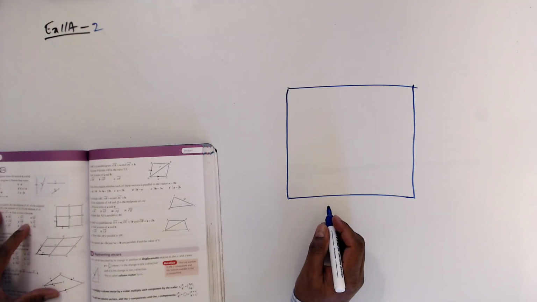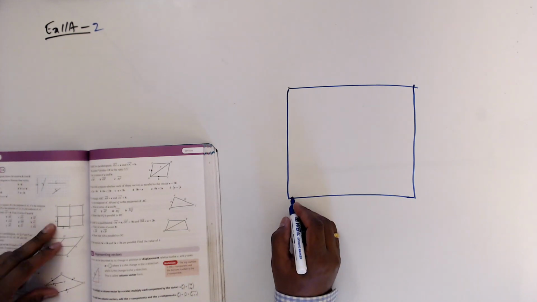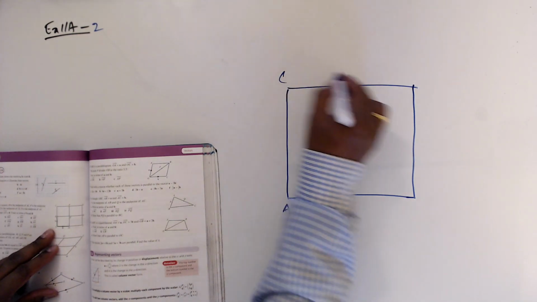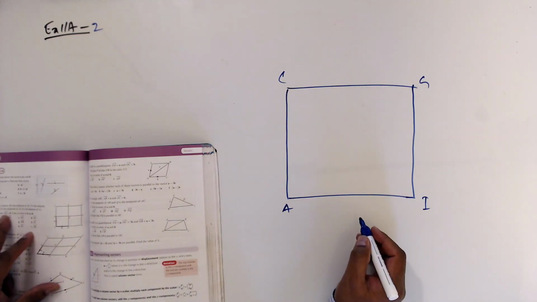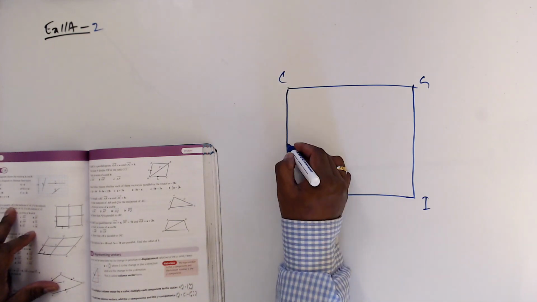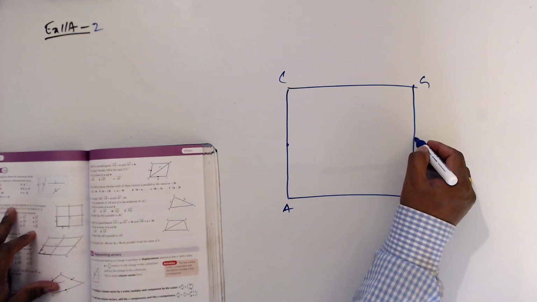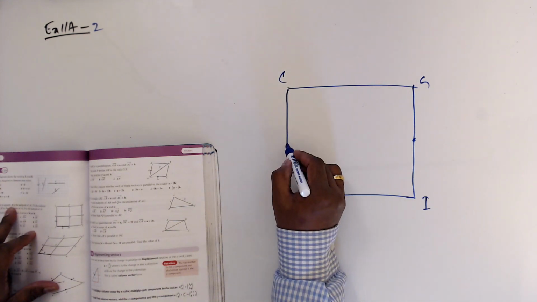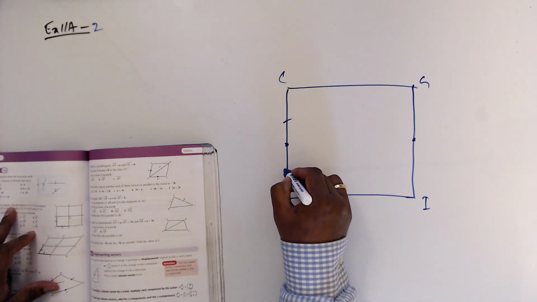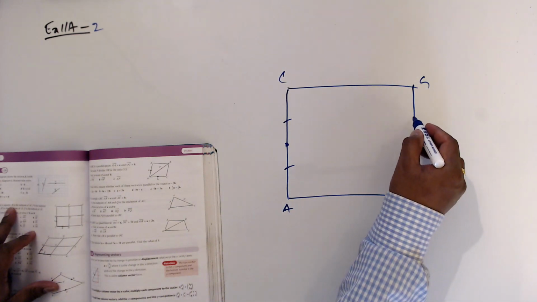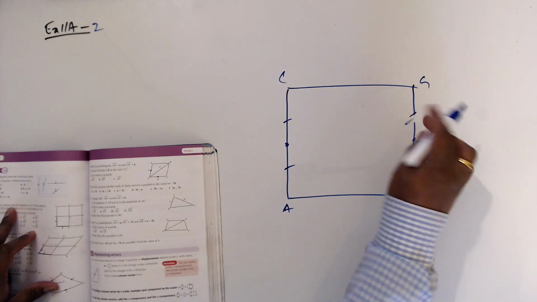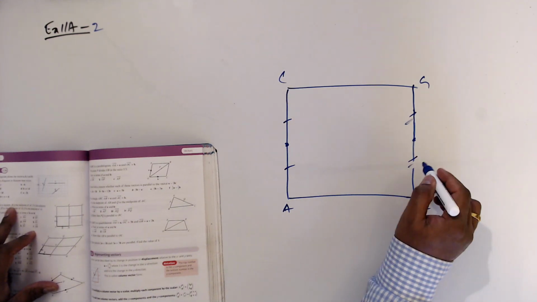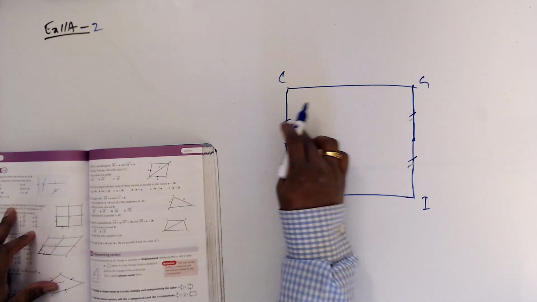Question number 2. ACGI is a square. And B is the midpoint of AC, so this is a midpoint, and those are midpoints. Midpoint means this length is equal to this length, and I'm not going to write 2 because it's a square. Then this length should be equal to this.